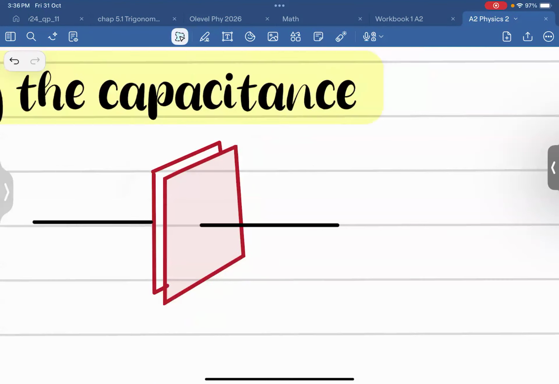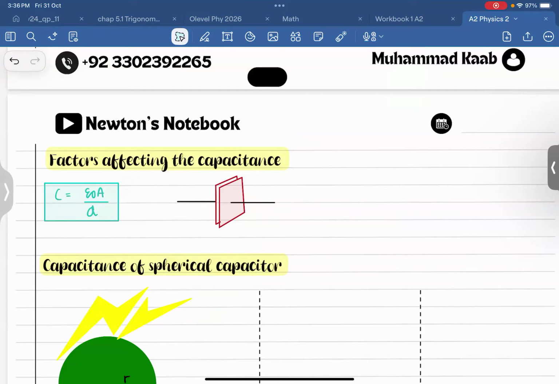Perfect. So now these are the three things that I have, and these are the main three things that the capacitance actually depends upon.